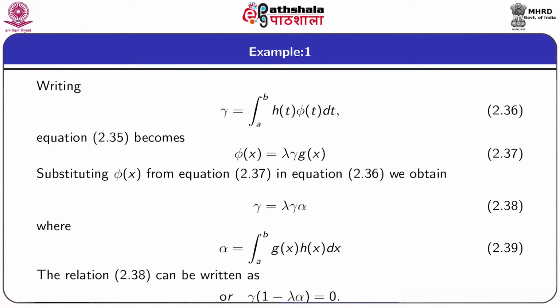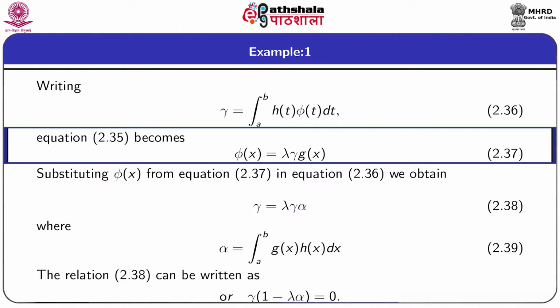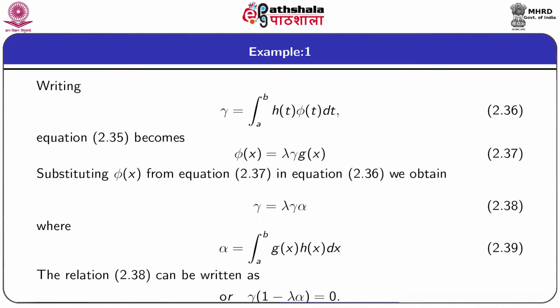We write gamma equal to the integral from a to b h(t) phi(t) dt as given by equation 2.36, so that if I substitute in place of this integral the constant gamma, then this equation 2.35 becomes phi(x) equal to lambda into gamma into g(x) as given by equation 2.37.